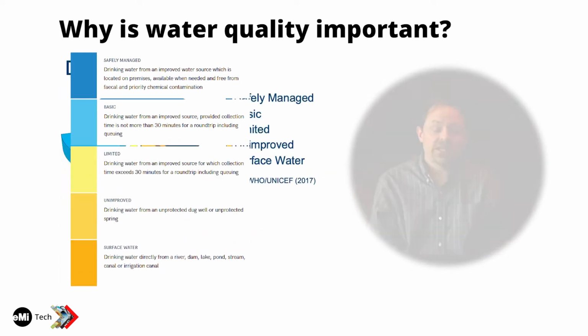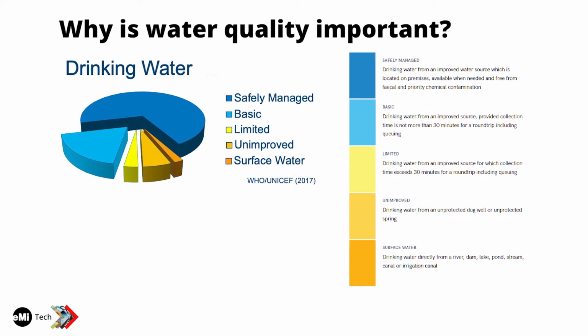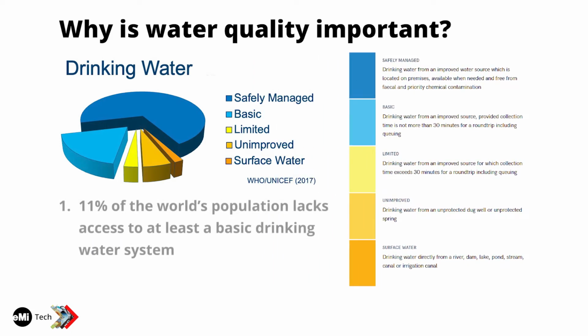So this pie chart shows the breakdown globally of how people access their water. And what you'll notice is 11% of the world's population falls into the yellow, orange, or dark orange categories, which means we can pretty much be assured that their water supply is not safe for consumption.